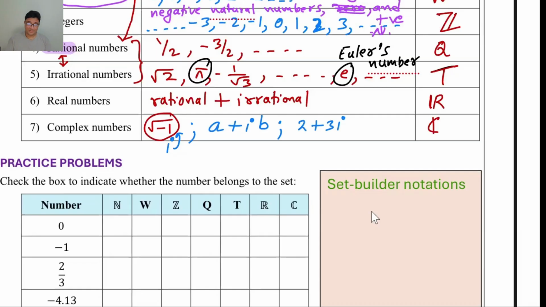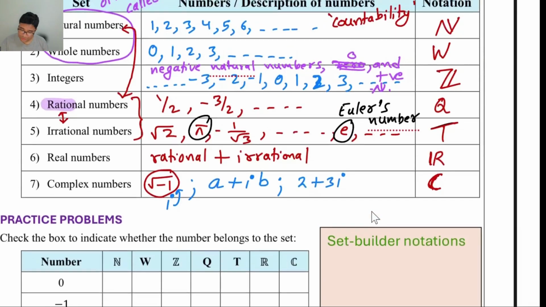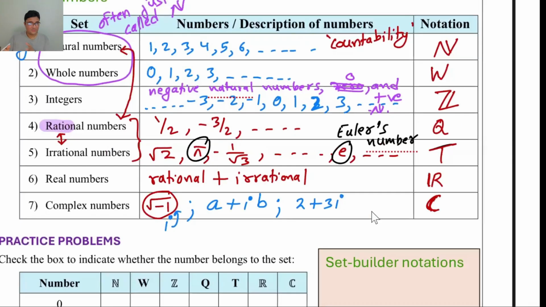The notation for complex numbers is again the letter C, a script C. When I write by hand it is not exactly that, but in a mathematical font on a digital platform, you will see a C with that extra line, just like R. You will notice that the list of notations on the right side is in script font.